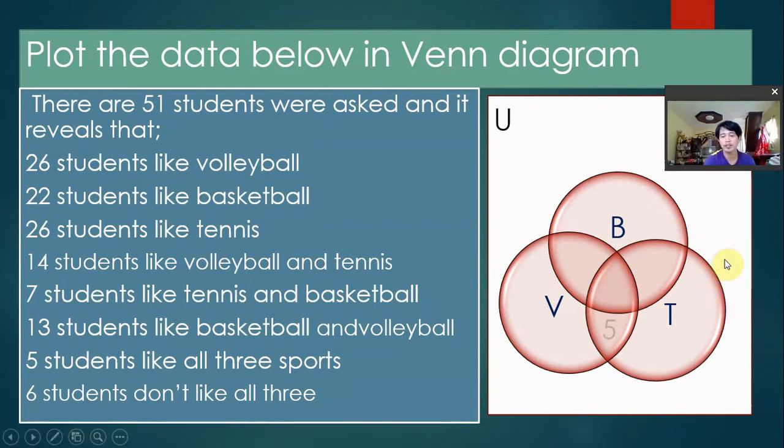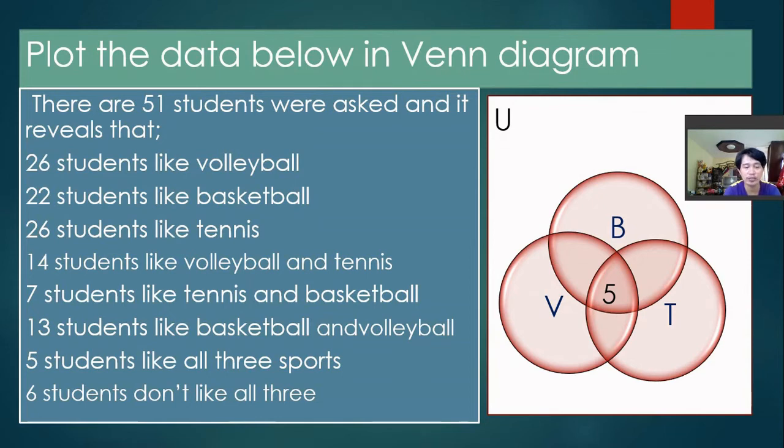That's 5. And afterwards, you generate the other data using 5, because 5 belongs to the 3 sports. Next, there are 13 students who like basketball and volleyball. So there is 5 already.